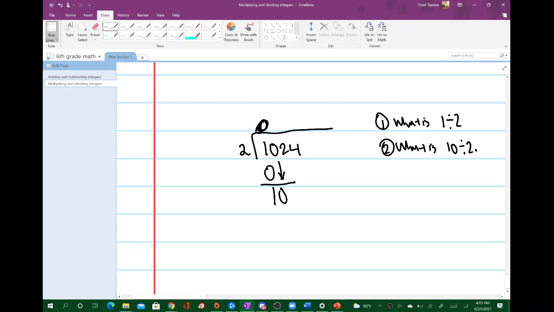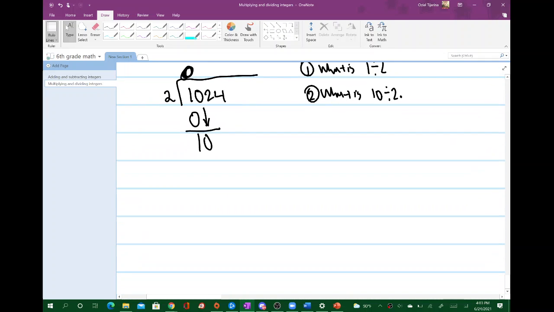And again, it's so important that we understand at least how division works, right? If I say 10 divided by 2, that means that I would have 10 things: 1, 2, 3, 4, 5, 6, 7, 8, 9, 10.